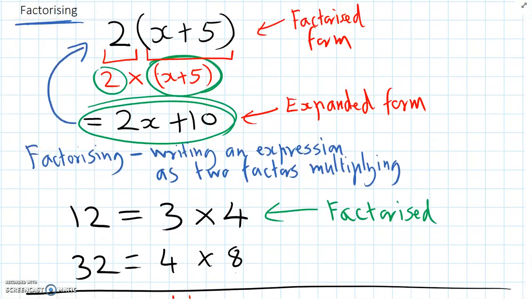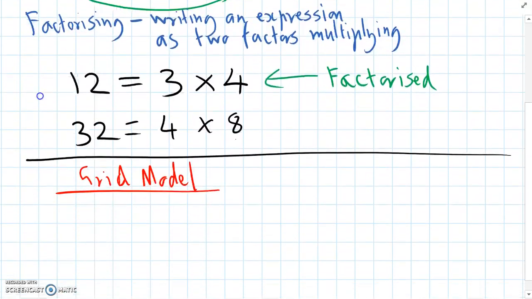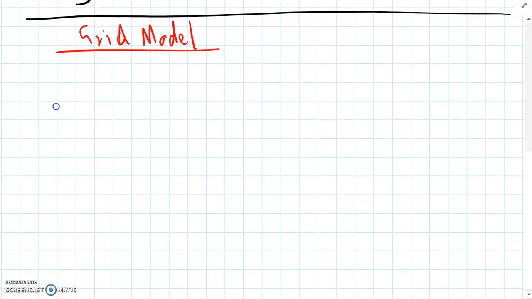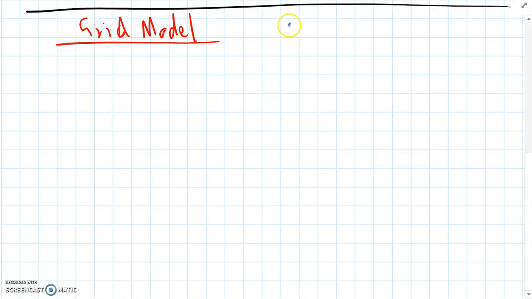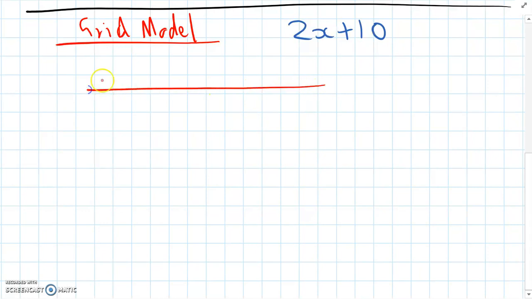If we look at this expression here, 2x plus 10, and we'll put it here, 2x plus 10, we're going to use the grid to find the factorized form.